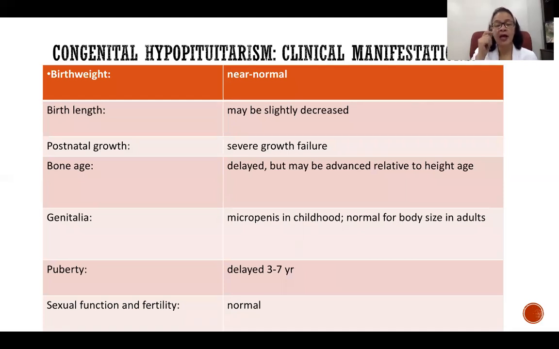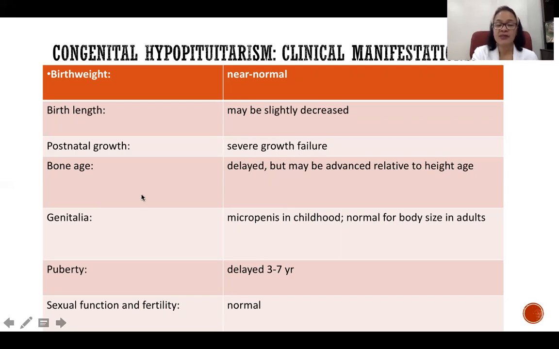For congenital hypopituitarism, the birth weight of the infants is almost always normal. Okay, the birth length may be slightly decreased, but it's not that obvious during birth. And postnatally, the growth failure is severe.